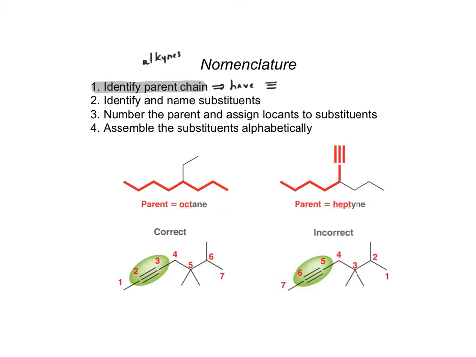Then we're going to identify and name the substituents. That's always the same for the most part. The only thing that also changes is we're going to number the parent and assign the locants, right? And so now what is going to happen with respect to these alkynes is that we're going to give the carbon-carbon triple bond the lowest number possible, no matter the other substituents that we have.